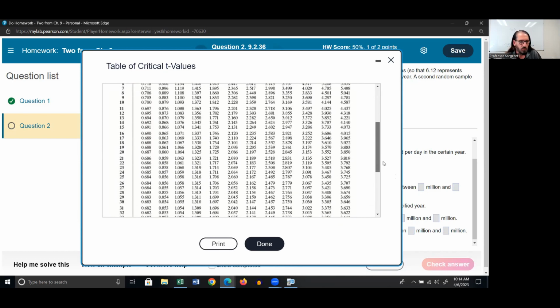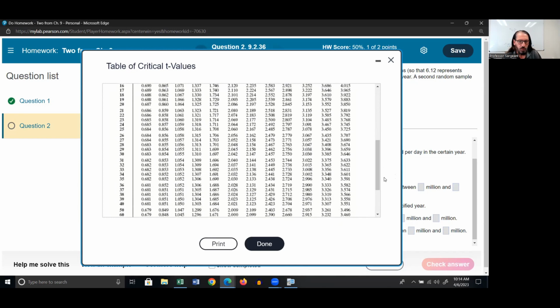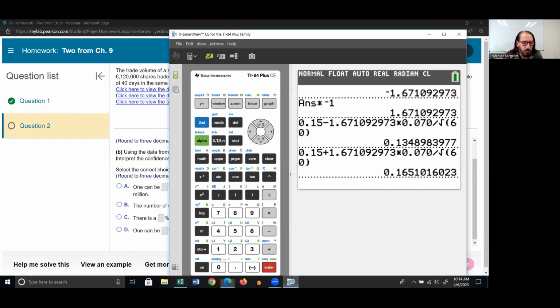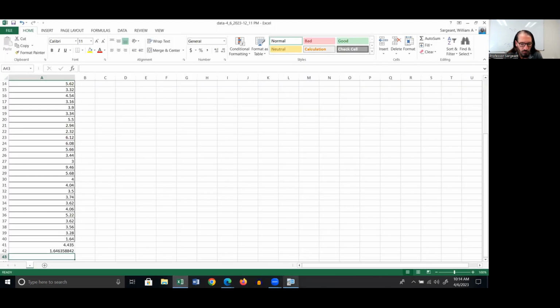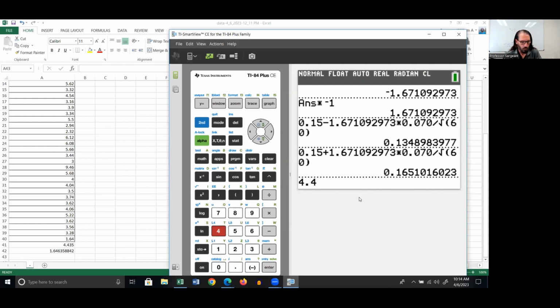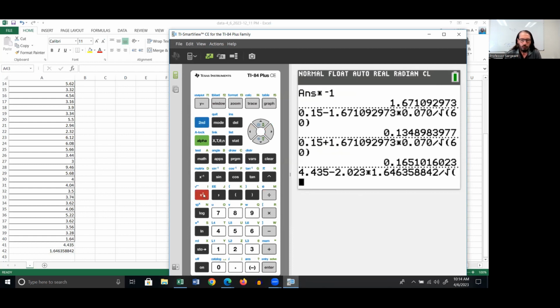So 2.023. Okay. So we take the 4.435 there, minus, to get our lower bound, 2.023 times our standard deviation, divided by the square root of the sample size, which was 40.